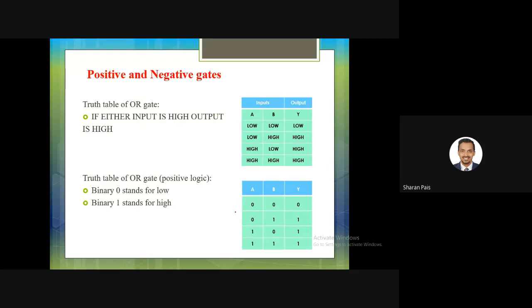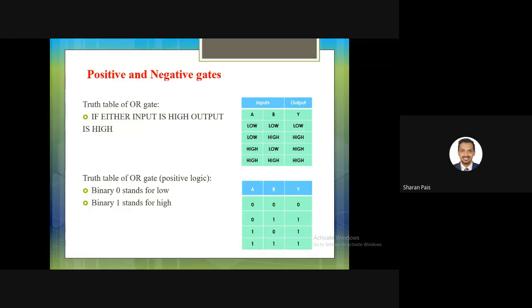Okay, come to this one. We will have a clearer picture with this. This is the truth table for the OR gate. A and B are the inputs. Y is the output. When A and B both are low, the output is low.